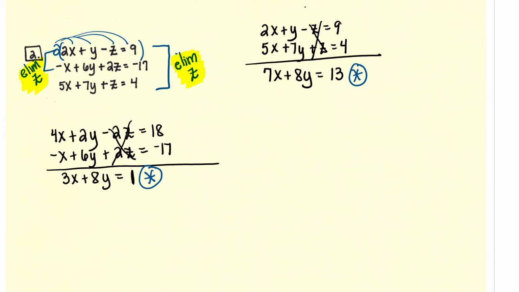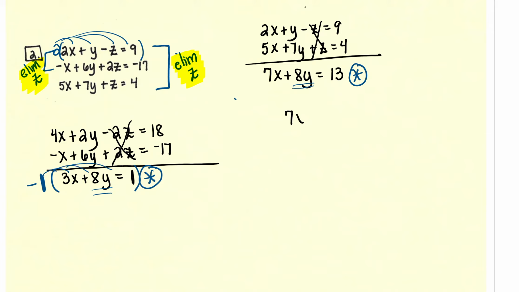Now take the 2 star equations and eliminate a variable. You know, those 8y's look really nice and easy to eliminate, so that's what I'm going to do. So multiply one of them, obviously, by negative to make one turn negative. I'll just turn this one negative down here. So we're going to take that negative 1 and go through.